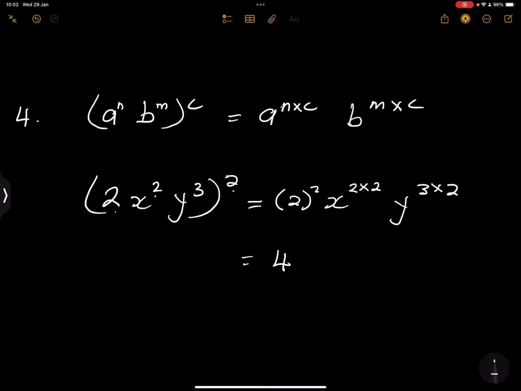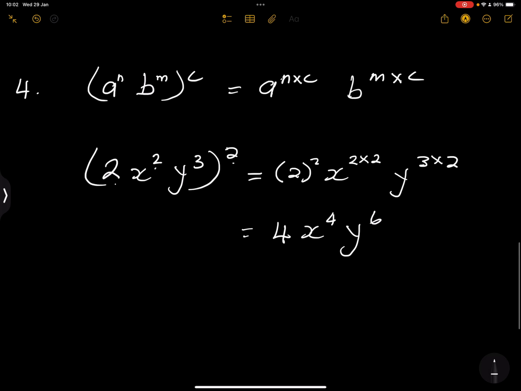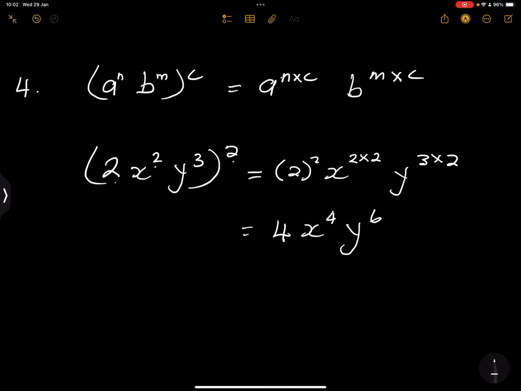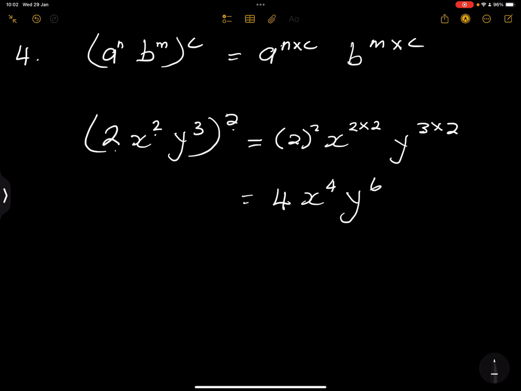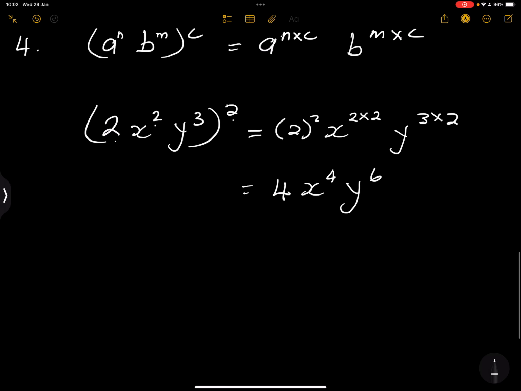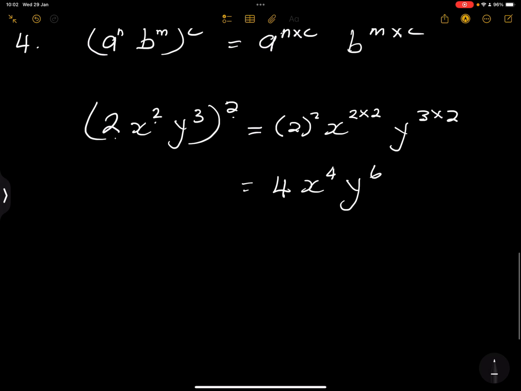This is going to be 4x to the power of 4, y to the power of 6. So this, again, is very important for us to note: we need to raise each of the bases with that exponent. Right, now let's talk about the next one, law number 5.